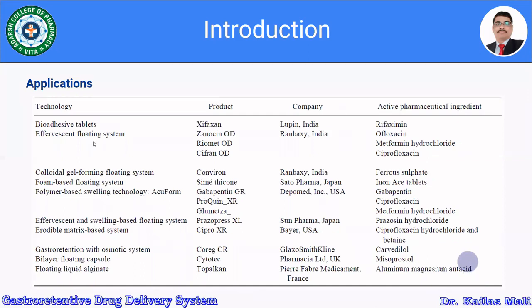So these are certain applications of the gastro-retentive drug delivery systems to treat certain diseases and disorders.